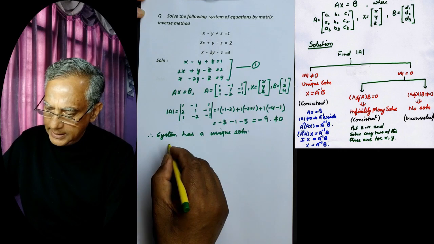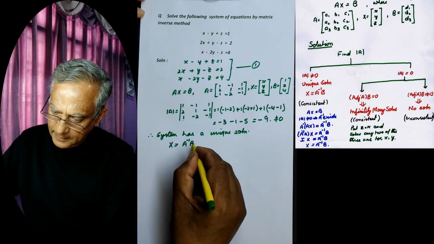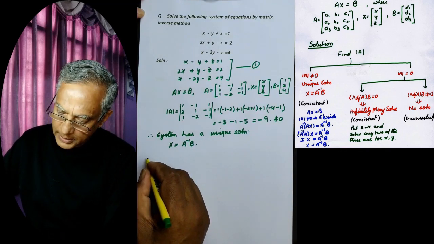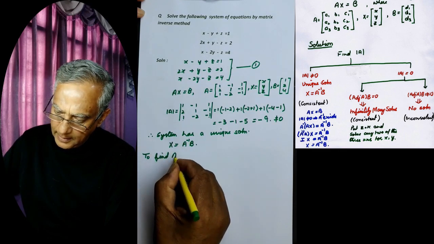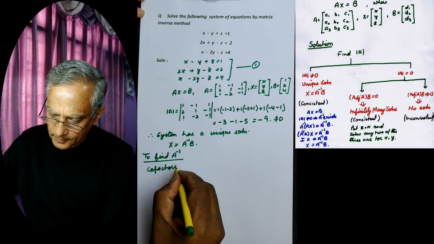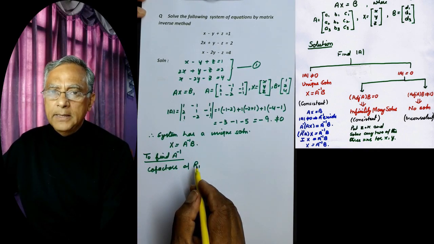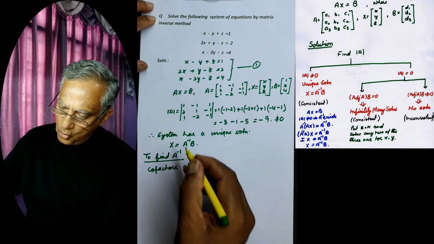Therefore, the system has a unique solution. And that solution is given by x equal to A inverse B. Now to find A inverse, we find the cofactors of first row.